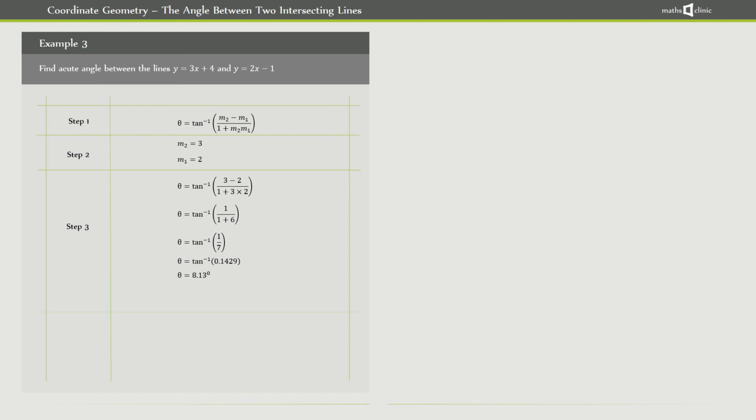That is the acute angle between the lines y = 3x + 4 and y = 2x - 1. That would be it for this lesson on the angle between two intersecting lines, and bye for now.